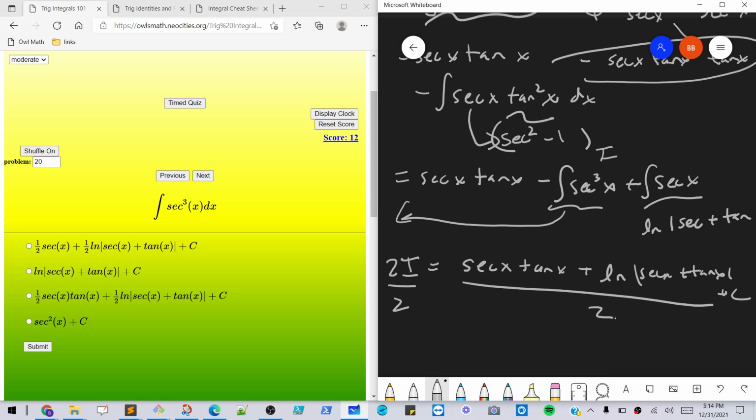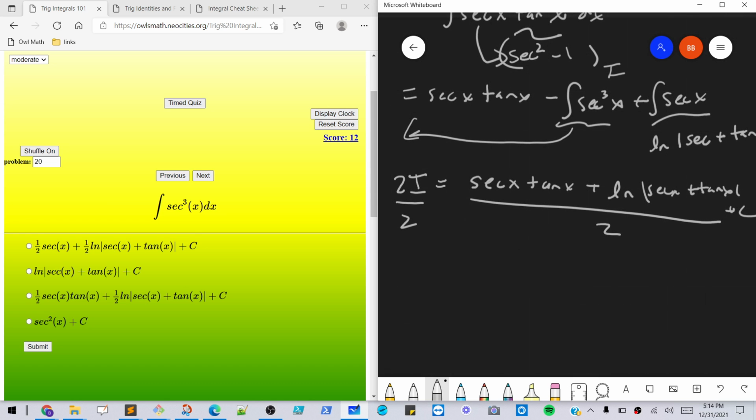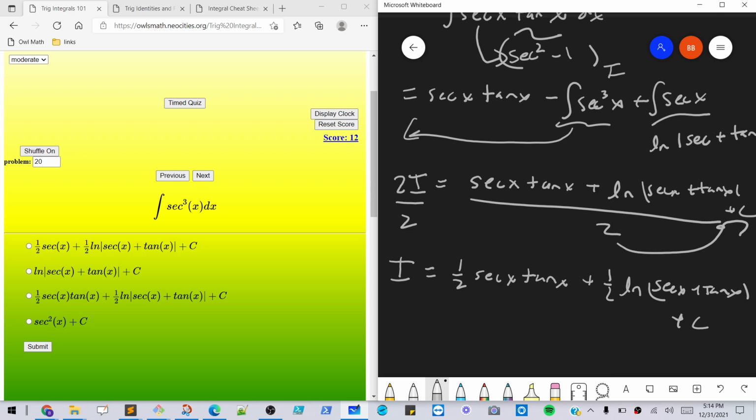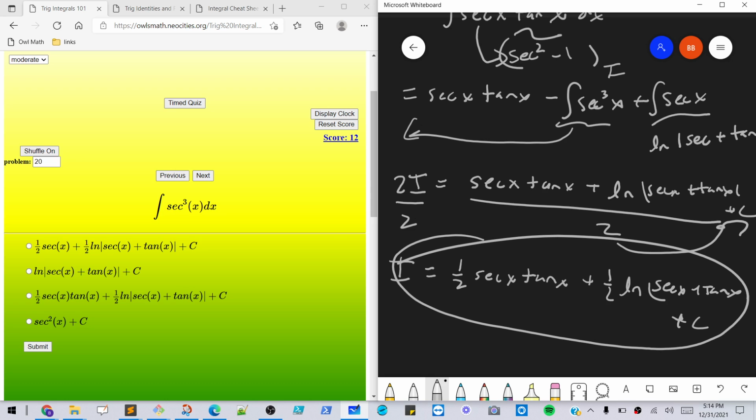Divide both sides by 2. And our final answer is going to be 1/2 secant x tangent x plus 1/2 ln of secant x plus tangent x plus c. We divided a constant by 2, it's just a constant, so I'm not going to mess with that. So that's just going to be plus c. And that's our answer. Let's check that right here. And that's correct.